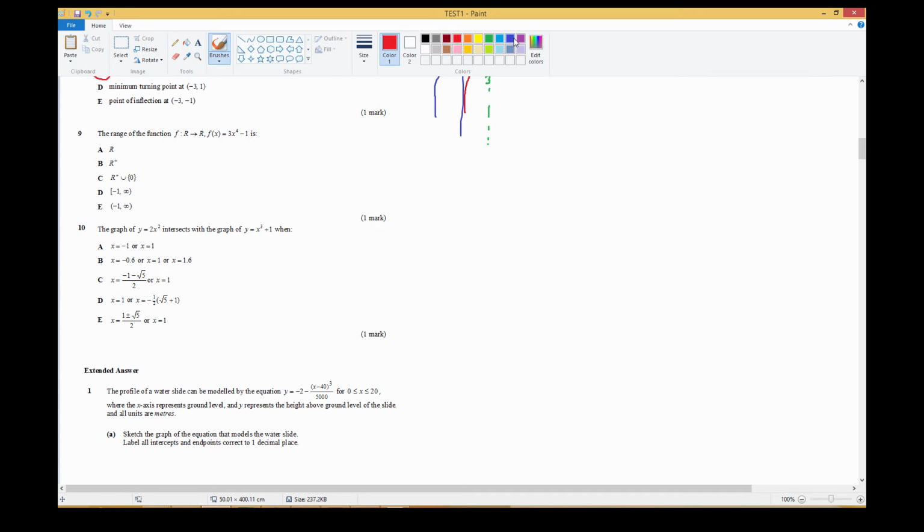Right, now this question here is asking for the range. Firstly, by definition the range is all the y values associated with the graph.